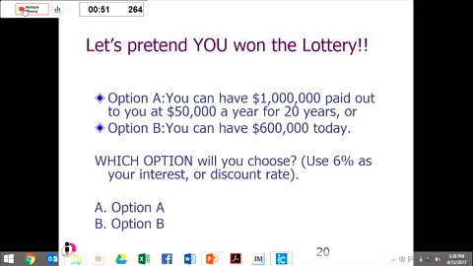About 10 seconds, take a guess. Just tell me A or B, which one looks best to you. As long as you answer, you get credit.